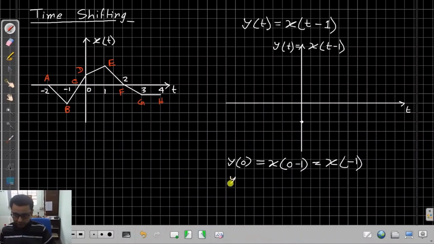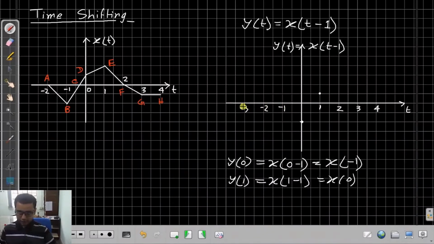Then y of 1 will be x of 1 minus 1, equal to x of 0, and x0 is 1, so y1 will be 1. Then 2, 3, 4 here on this side, minus 1, minus 2, minus 3.